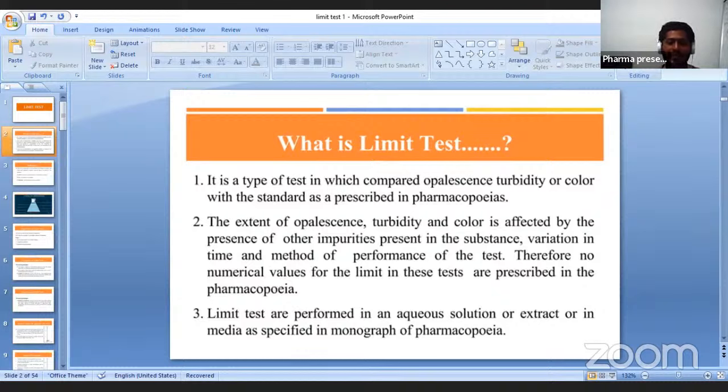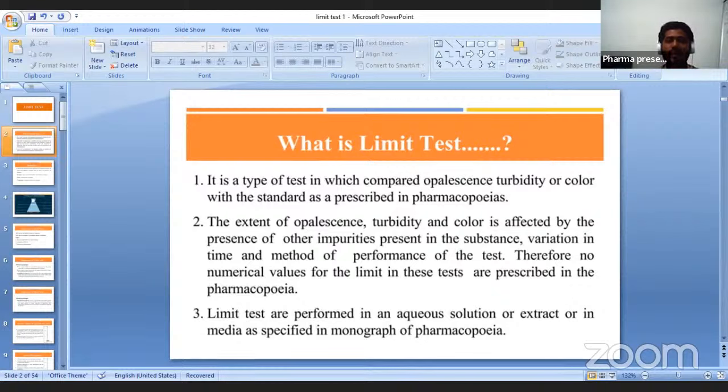Then we add 1 ml of silver nitrate, stir it with a glass rod and observe. So these are the various steps. Stepwise: place the test and standard in the test tube stand, add our test sample, 1 ml, and standard, then add nitric acid. After addition of nitric acid, make up the volume to 50 ml with distilled water, then add 1 ml of silver nitrate.